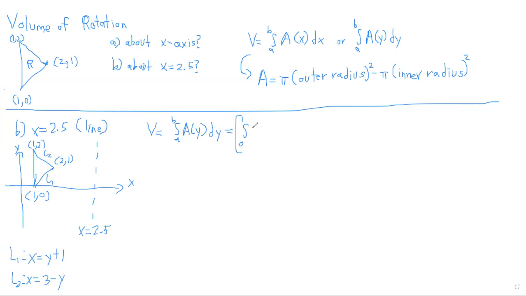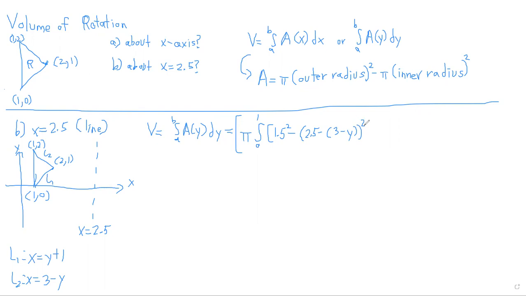Okay, so the outer radius, okay, let's do this, the pi, and the outer radius, from 0 to 1, that's 1.5 squared, minus the inner radius, which is 3 minus y, but it's the distance, so it's 2.5 minus 3 minus y, squared.